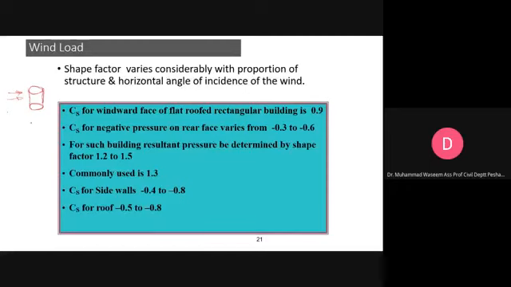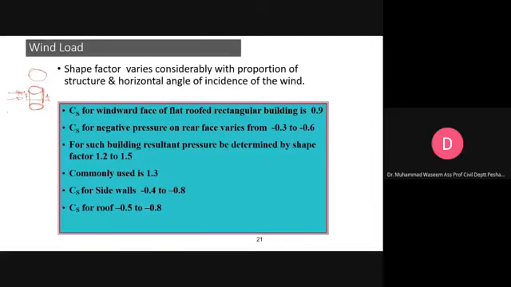If we see the cross section here, if your building is circular, it will experience less pressure, but if your building is rectangular or square, it will experience more pressure.